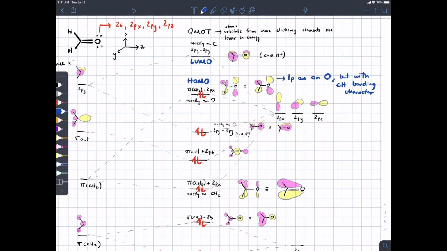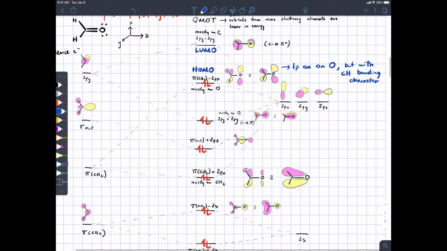Okay. The next highest electrons are in the carbon-oxygen pi bond, the 2py plus 2py combination. And then you have another set of electrons that are carbon-oxygen bonding and carbon-hydrogen bonding, but also look sort of like a lone pair on oxygen.